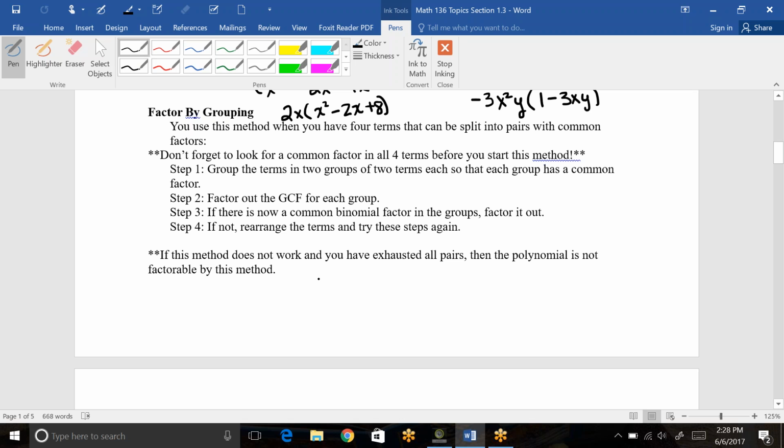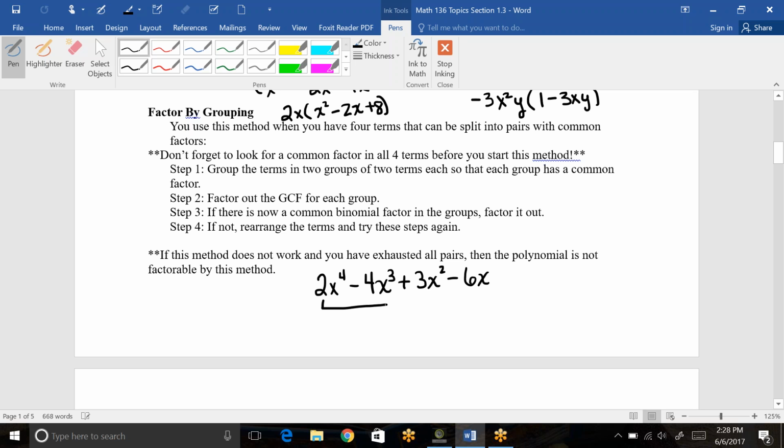So for example, what if I had 2x to the 4th minus 4x to the 3rd plus 3x to the 2nd minus 6x. Okay, so notice this is 4 terms.